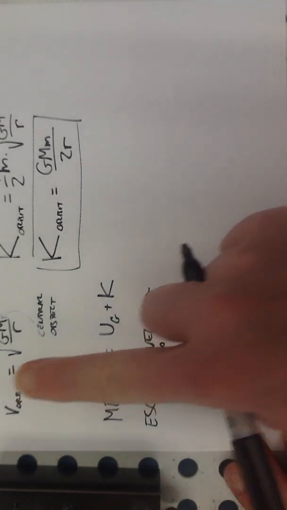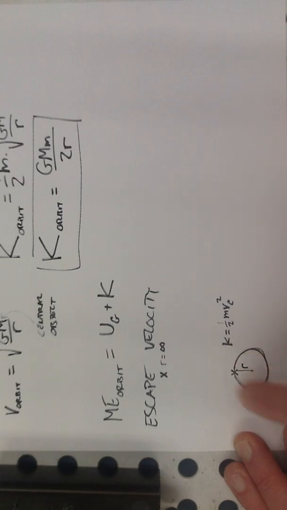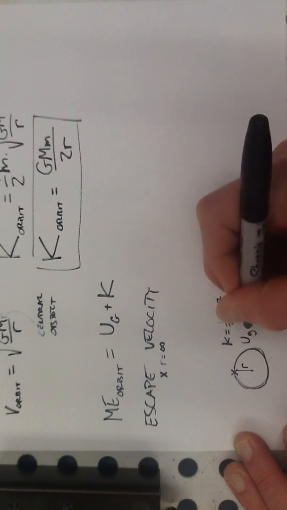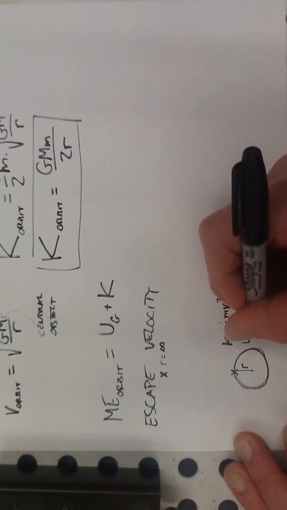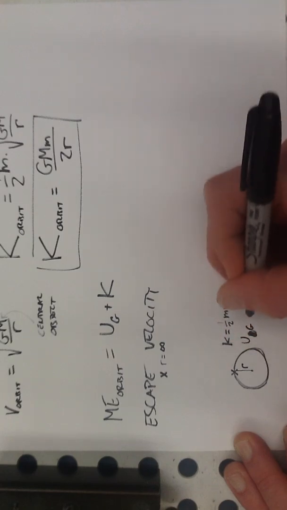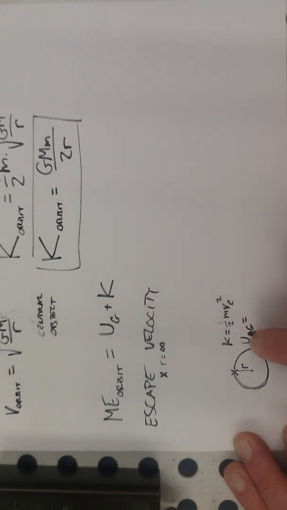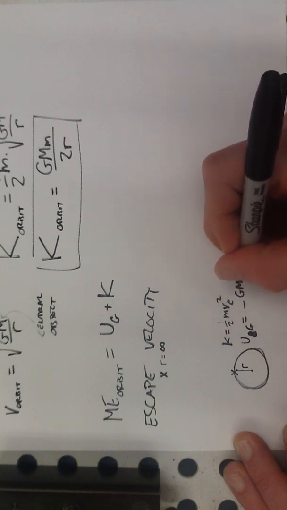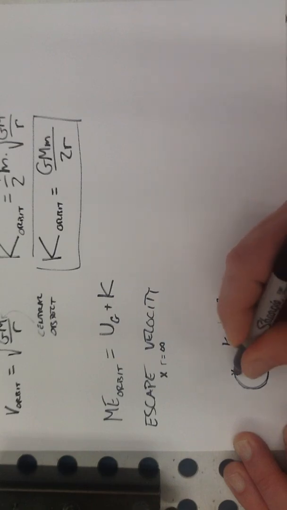I need to launch this thing with a lot of speed to escape from this planet. How much gravitational potential energy do I have? Dang it, I wrote the small g again. Big G. How much universal gravitational potential energy do I have right here? Well, I've got negative GMm over r.